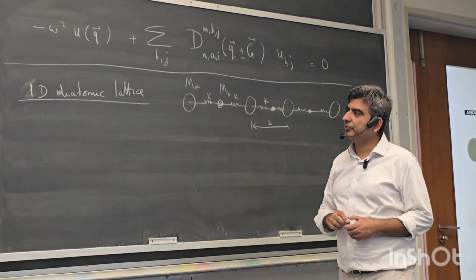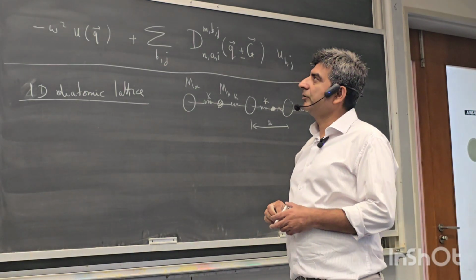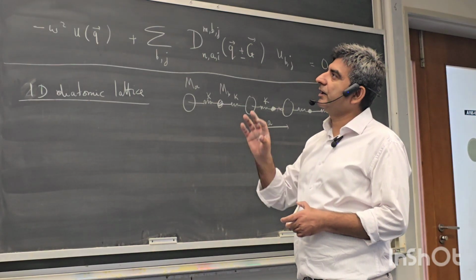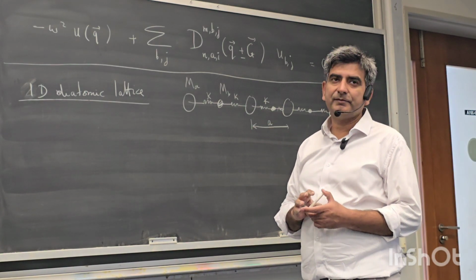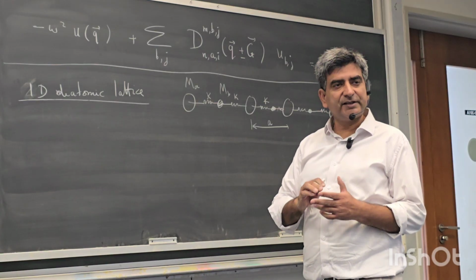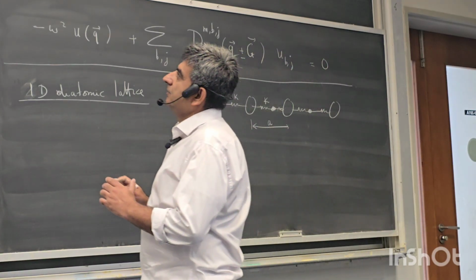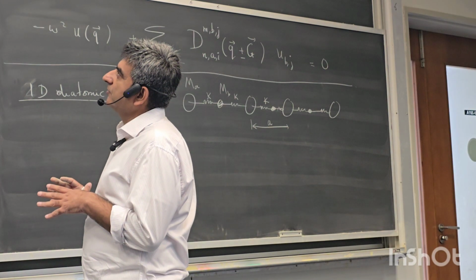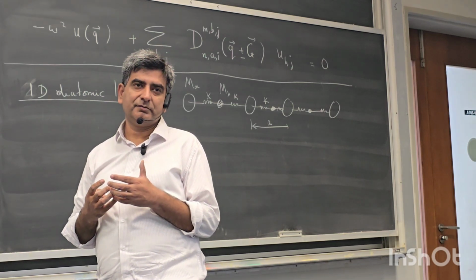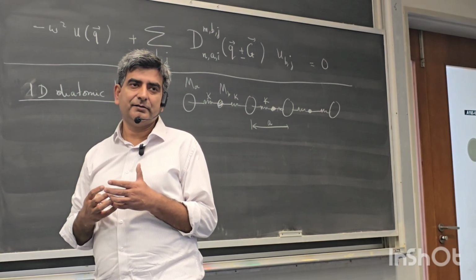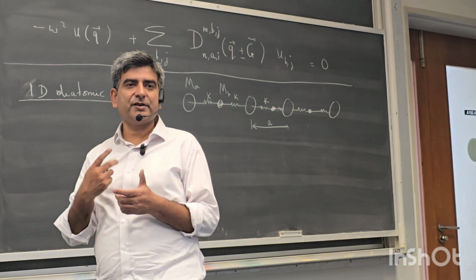Now what I could do is write down the equation of motion. Now I have two kinds of atoms, A and B, but still one dimensional. So there will be two equations of motion, because there are two atoms, r is now 2.